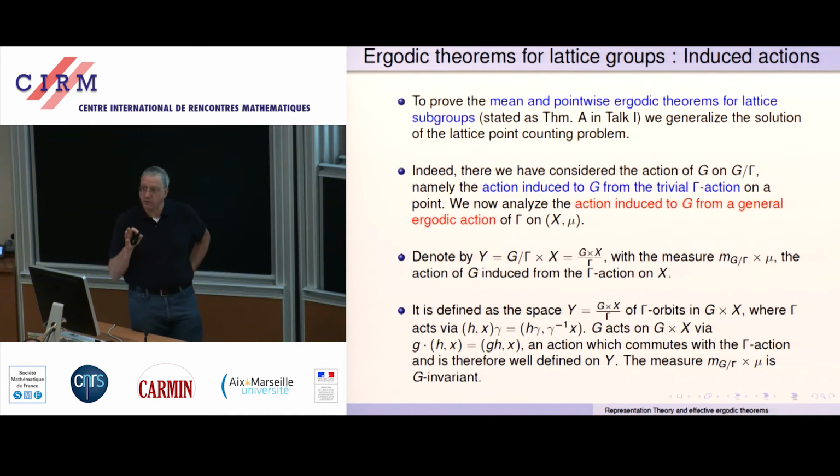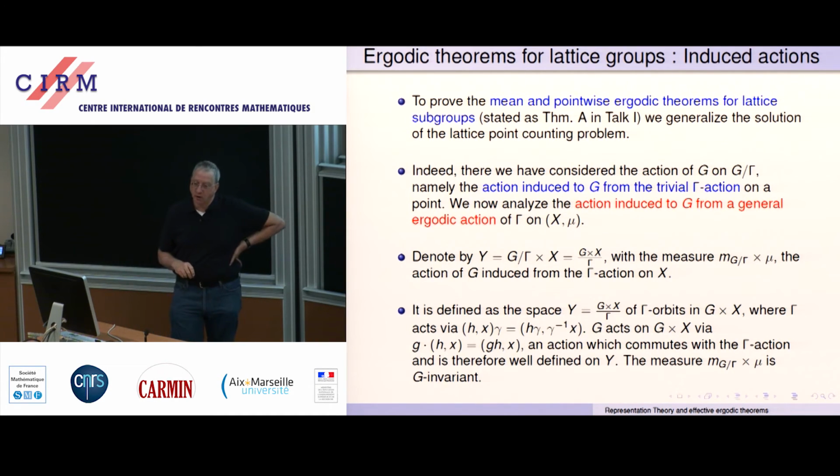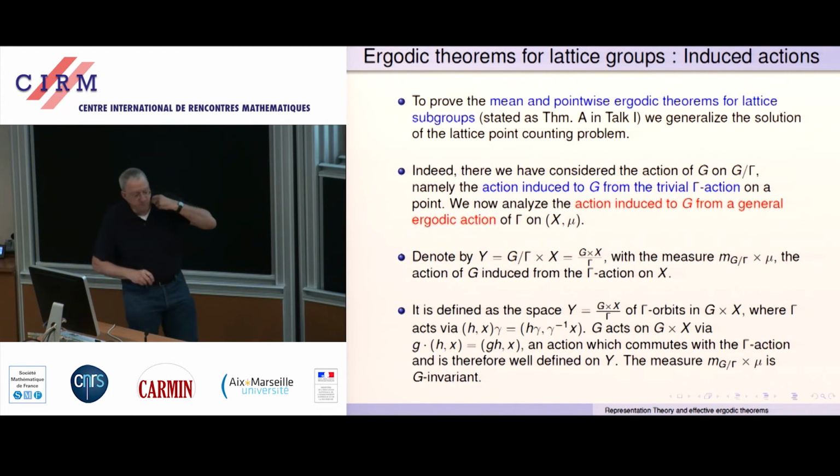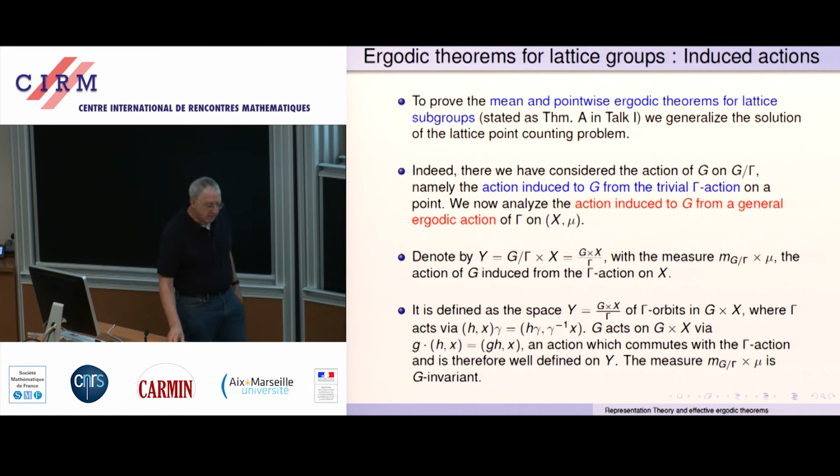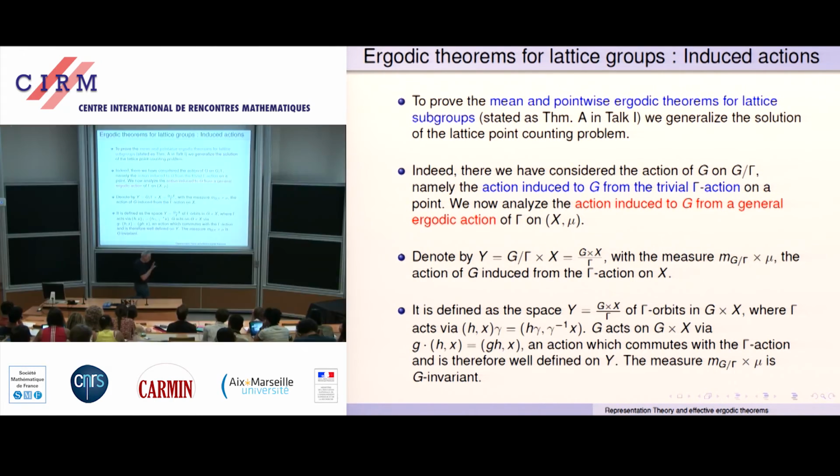This is one of the most basic constructions in ergodic theory, and it's been used extensively for many different purposes. The gist of it is that if you have a probability measure preserving action of a lattice, you are able to produce a probability measure preserving action of G.